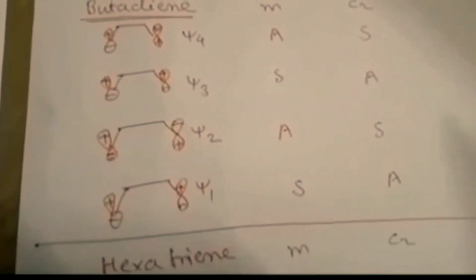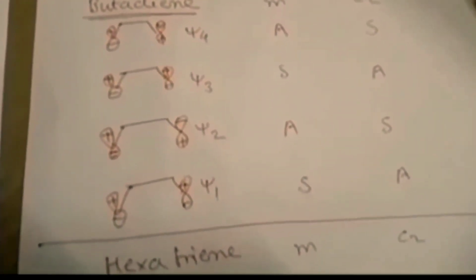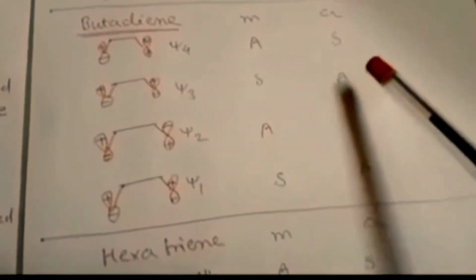Now with respect to the C2 axis of symmetry, psi1, psi2, psi3 and psi4. So in this way these are the symmetry properties of butadiene with respect to C2. Psi1 is asymmetric, psi2 is symmetric, psi3 is asymmetric and psi4 is symmetric. That means asymmetric, symmetric, asymmetric, symmetric.